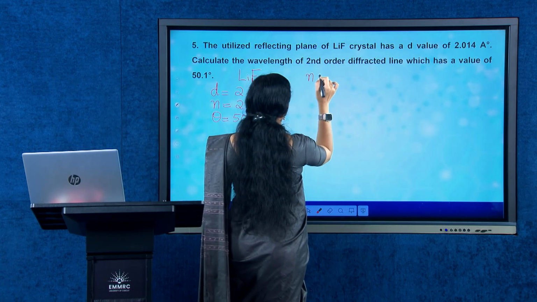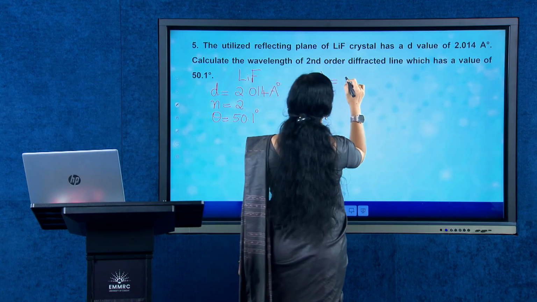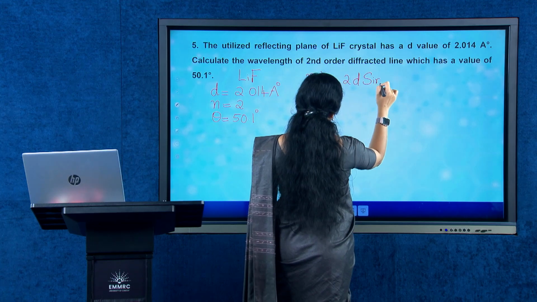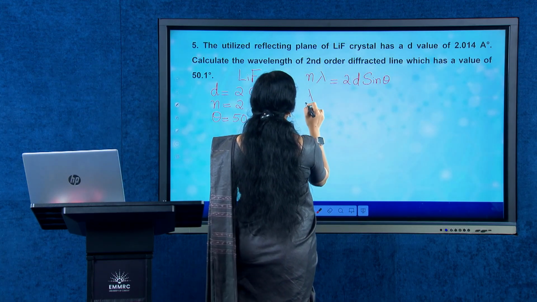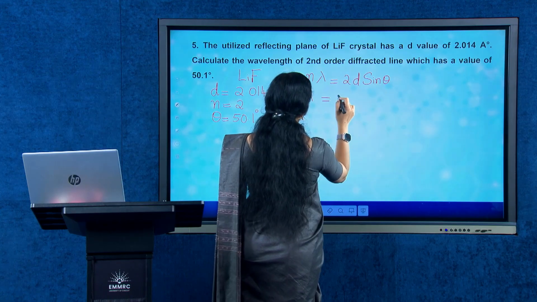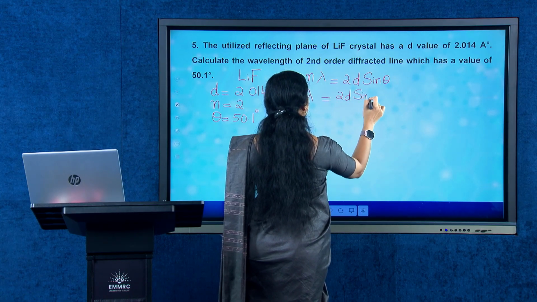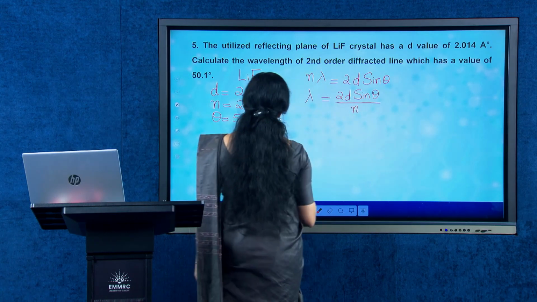We have n lambda is equal to 2d sin theta. So, from this we have lambda, which is the wavelength, is equal to 2d sin theta divided by n.